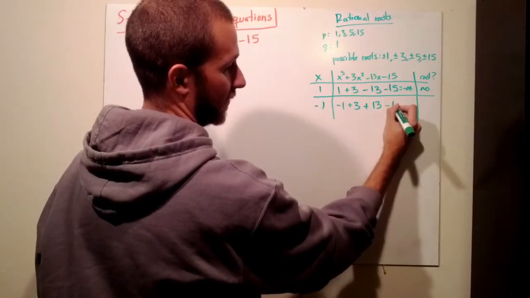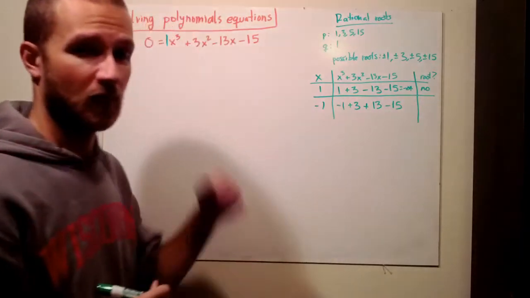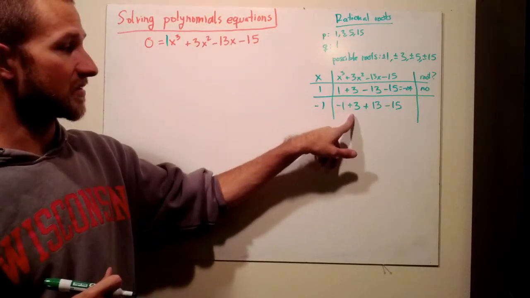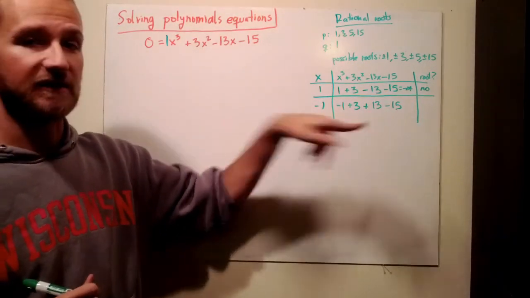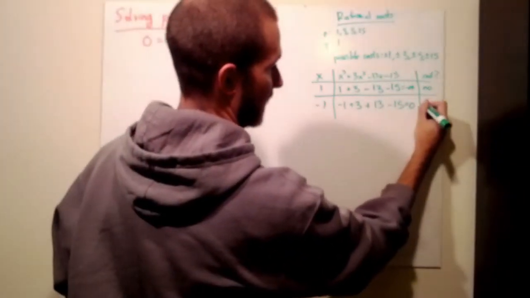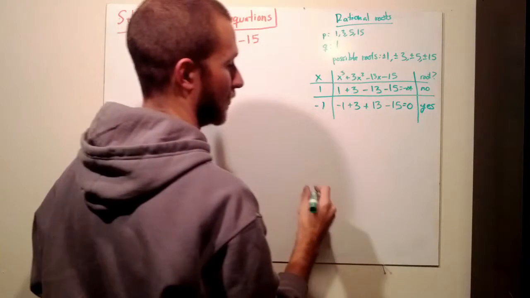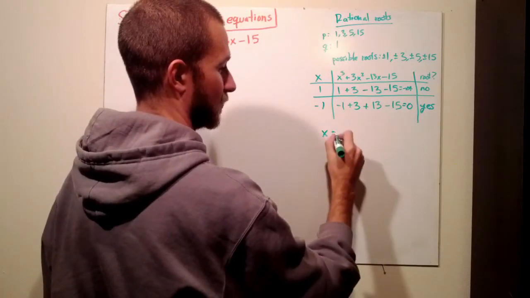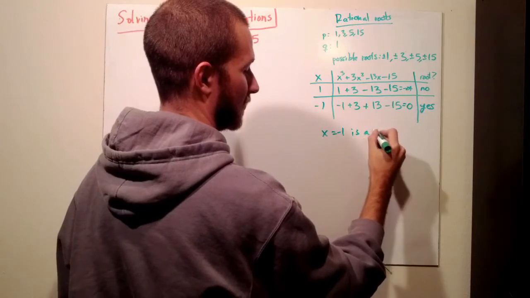And then I'm subtracting 15. Let's add these together. Negative 1 plus 3 is 2. 2 plus 13 is 15. 15 minus 15 is 0. So yes, I have found a root. Means that x equals negative 1 is a root.